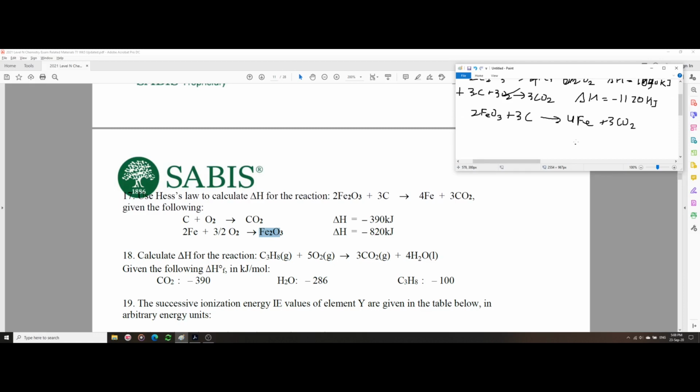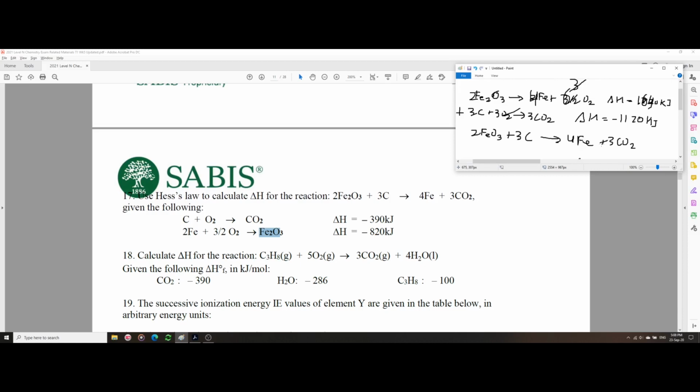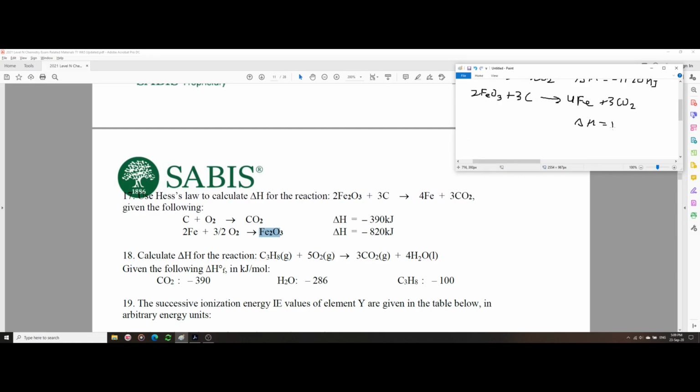Delta H, you just add them. Delta H equals negative 1170 plus the positive 1640. We get a positive 470. It was an easy one.